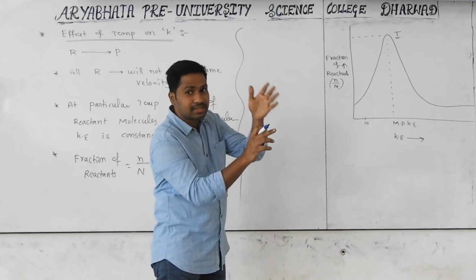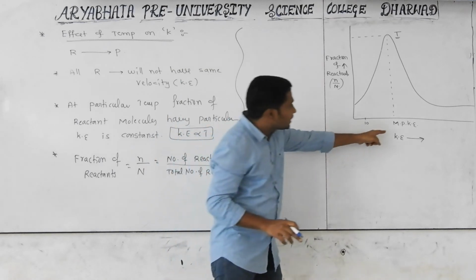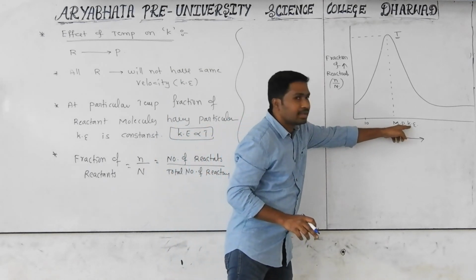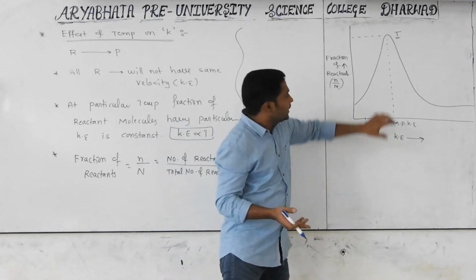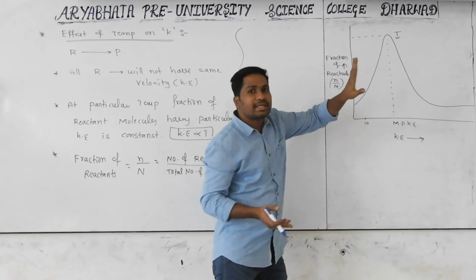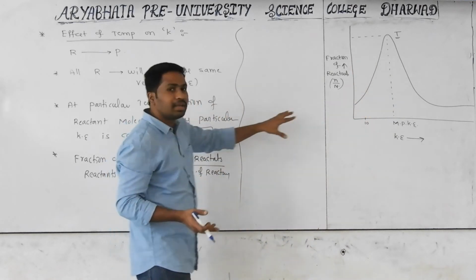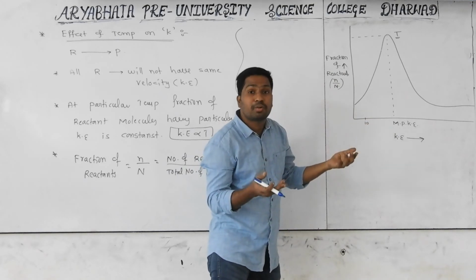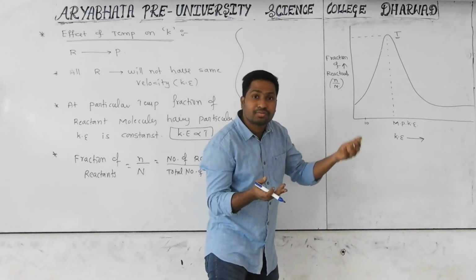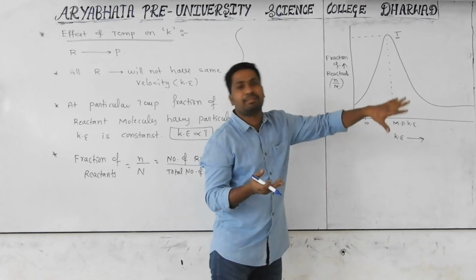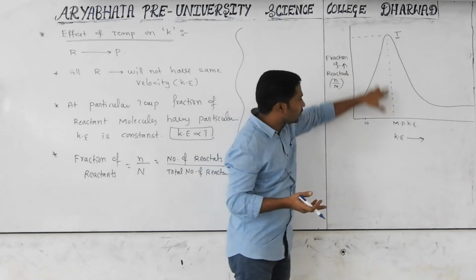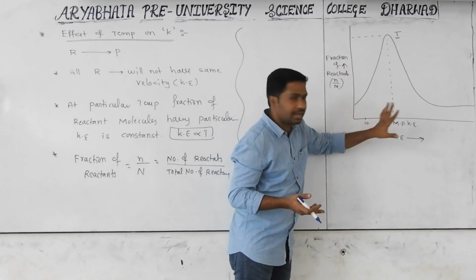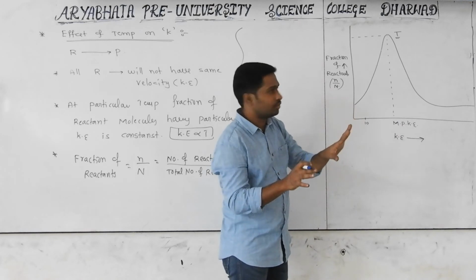This is nothing but the most probable kinetic energy. It means the maximum number of molecules have this kinetic energy, so it is called the most probable kinetic energy. That is what is important for you.